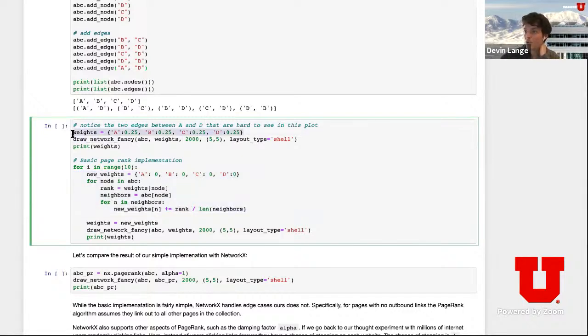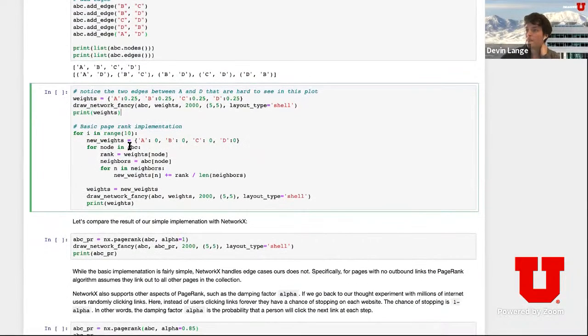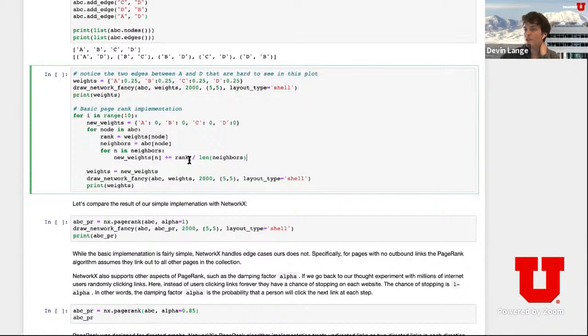So we start with all of the weights at 0.25. We draw the graph, print the weights, and then we do this process of getting the neighbors, seeing what's currently in that weight, and adding that up to our new weights divided by how many outgoing links there are, and we print it again.